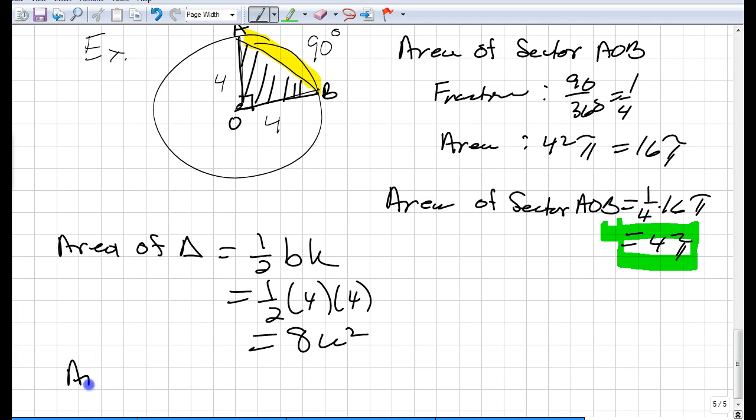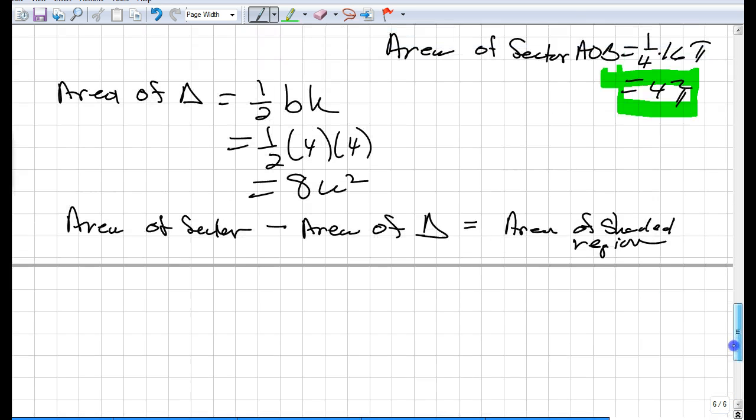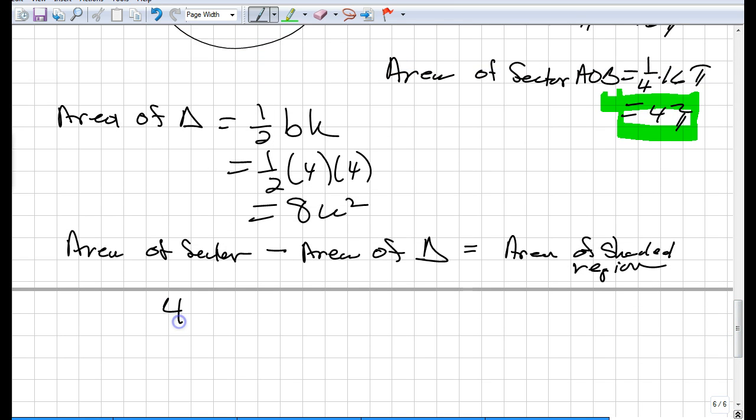So I'm going to do area of sector minus area of triangle will equal area of shaded region. So the area of the sector was 4 pi. The area of the triangle was 8 units squared.